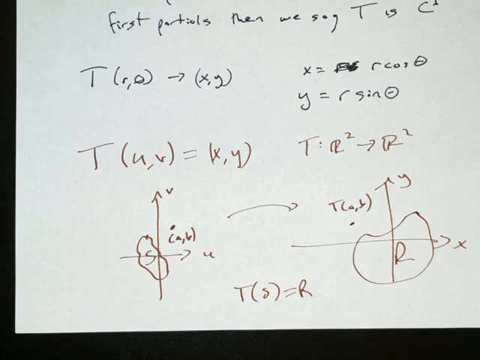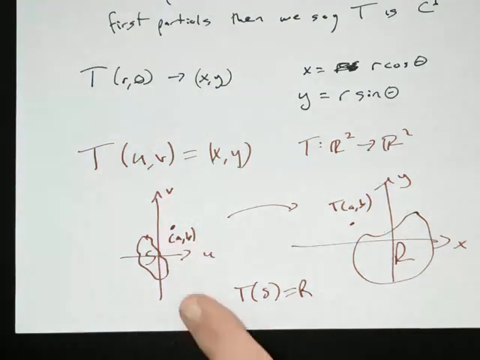My transformation is 1-to-1 if the functions are 1-to-1 between A B and T of A B. In other words, each image has a distinct point it comes from.